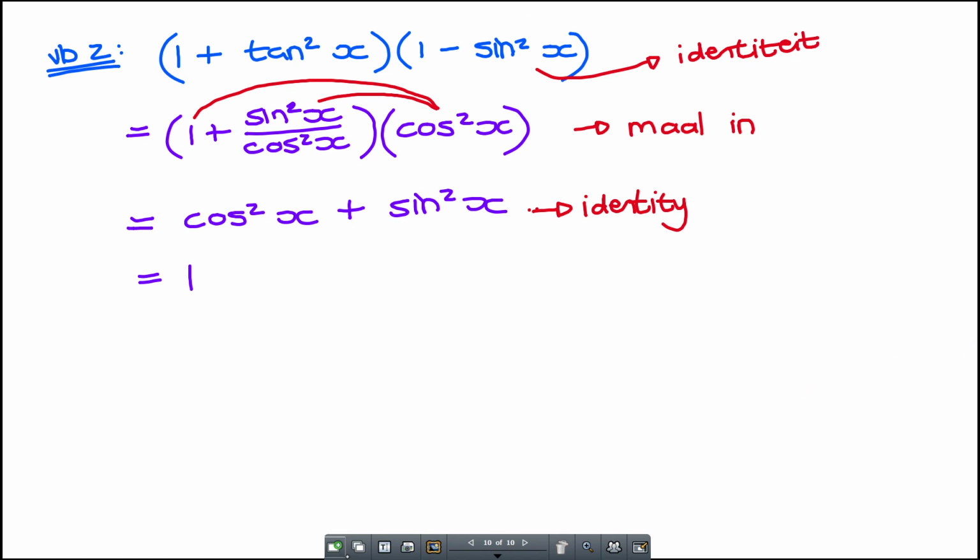Anyone still copying here? Okay, last enetjie, example 3. Sin x over cos x times tan x.